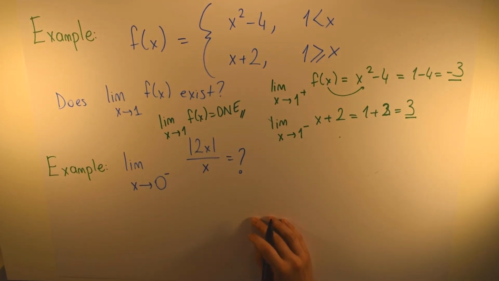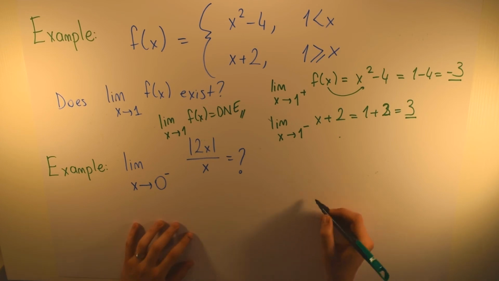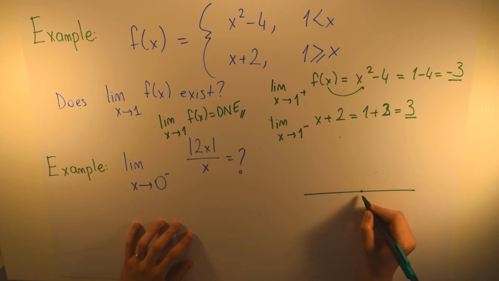Okay, so let's look at the second example. Here we have the limit as x approaches 0 from the left of the absolute value of 2x over x. So here we have this absolute value, right? We should get rid of this absolute value. So here it says that x approaches 0 from the left. When you look at this on the number line, 0 is here.